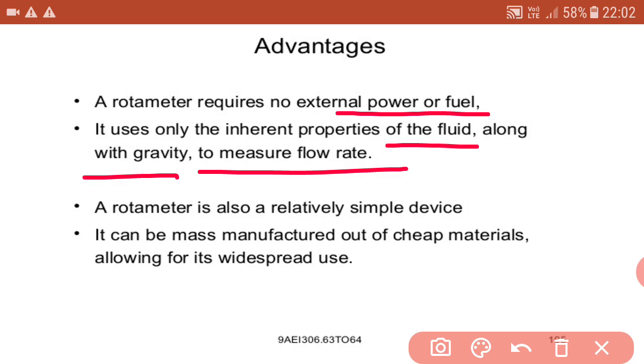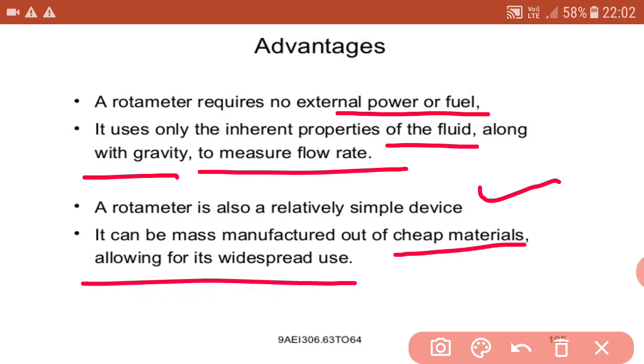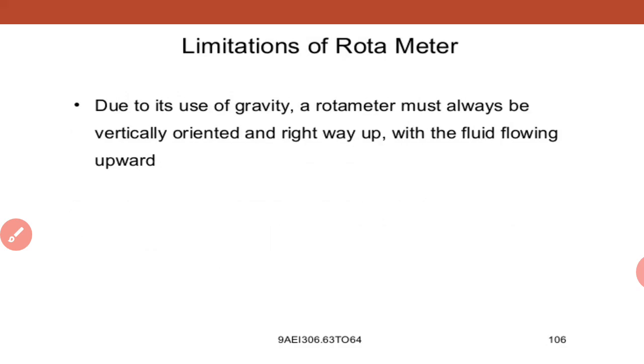A rotameter is also a relatively simple device. It can be mass manufactured out of cheap materials, allowing for its widespread use. So these are the advantages.